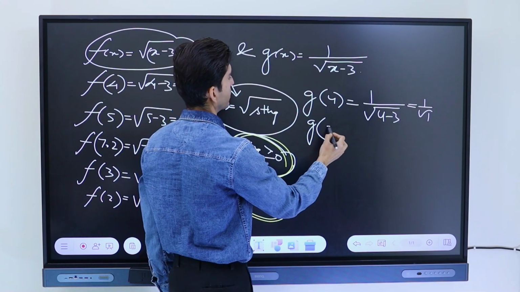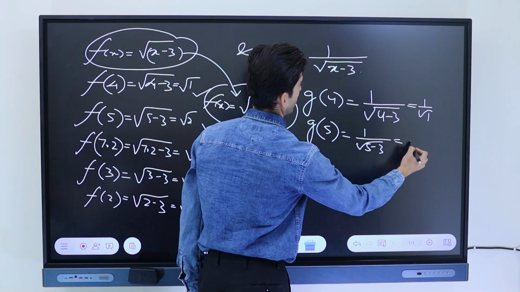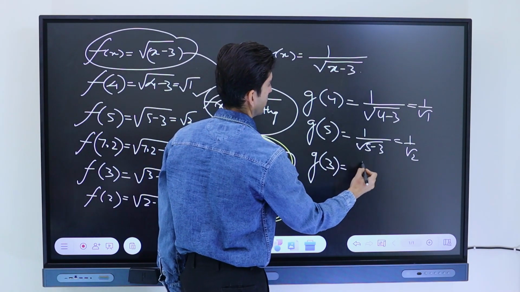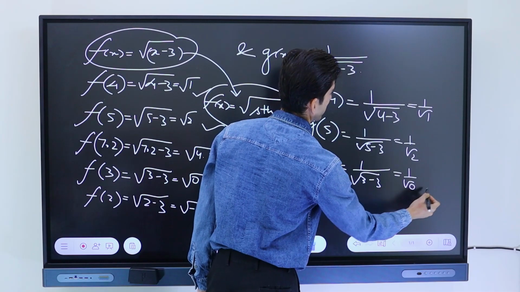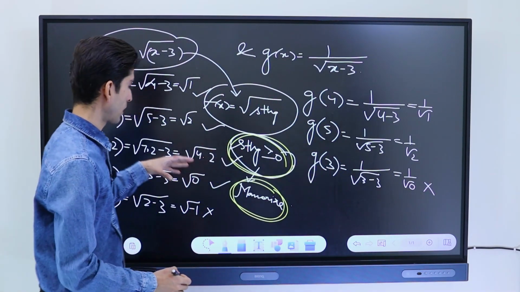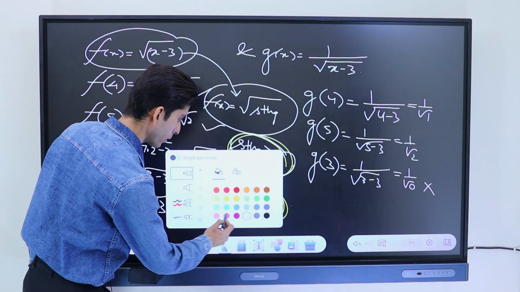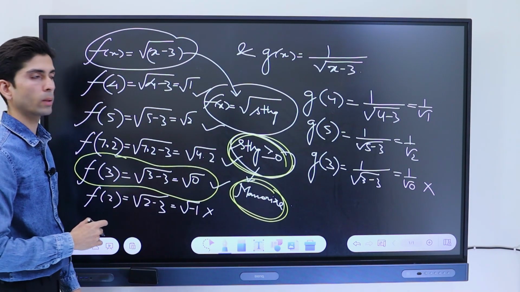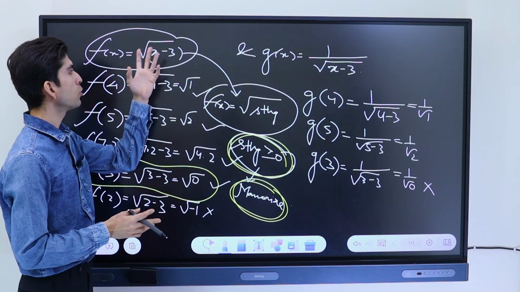If I take x as 5, that is defined. Now, if I take x as 3, it is not defined. But in the earlier case, just to recall, it is defined when we take x = 3, because in that situation the square root function was in the numerator.